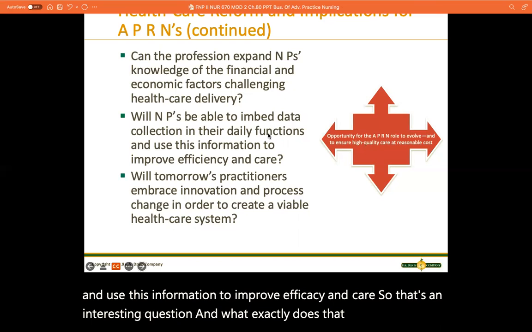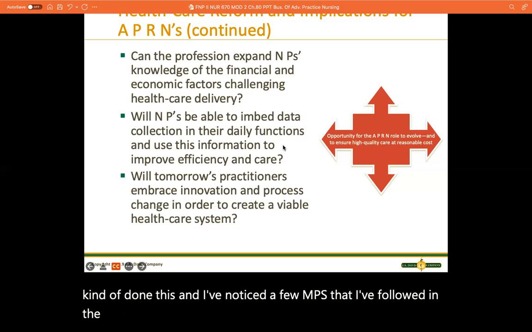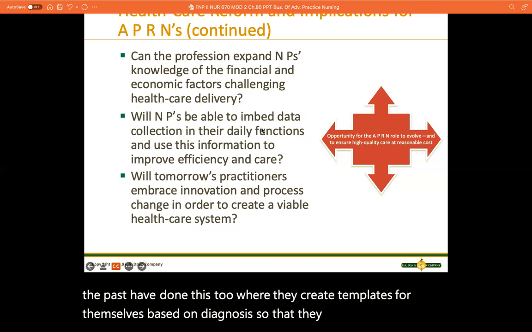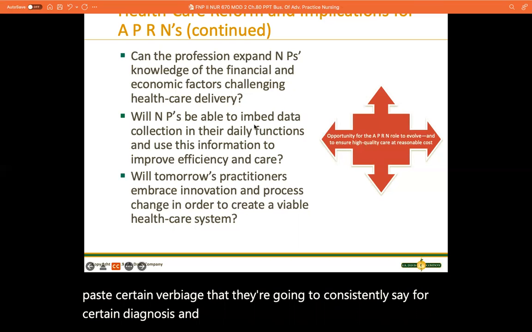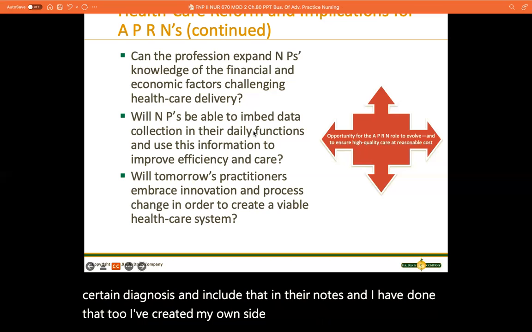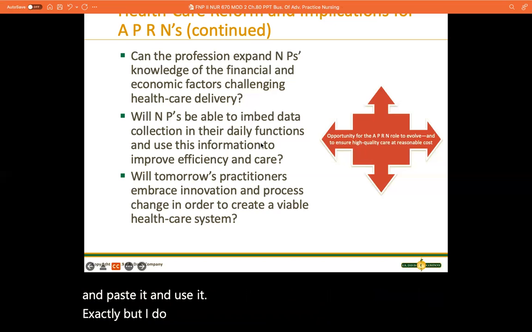For me, I've kind of done this, and I've noticed a few NPs that I've followed in the past have done this too, where they create templates for themselves based on diagnoses so that they can copy and paste certain verbiage that they're going to consistently say for certain diagnoses and include that in their notes. And I have done that too. I've created my own side documents, and not that I copy and paste it and use it exactly, but I do use certain verbiage, and then obviously I edit it as needed for that particular patient.